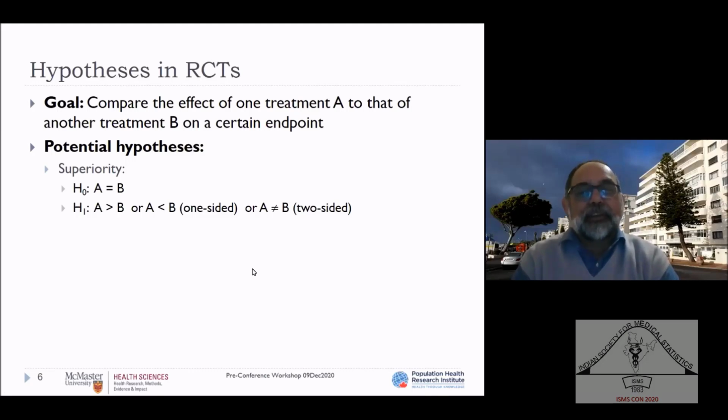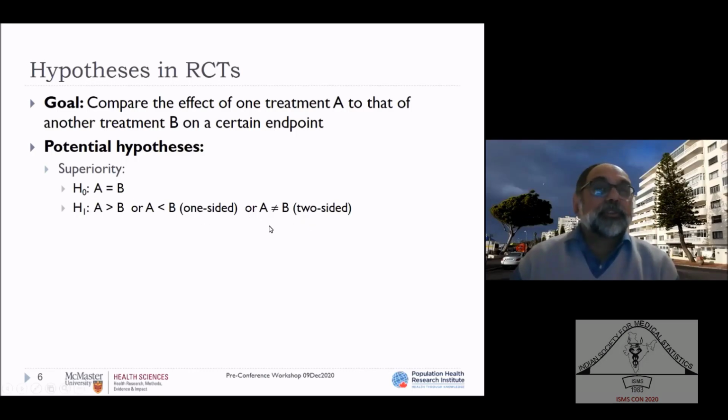And we're very familiar with the hypothesis of superiority, because usually you want to show that, let's say, A is better than B, or A is worse than B, or different from B. Depending on the outcome, you may be looking at it this way or the other side.